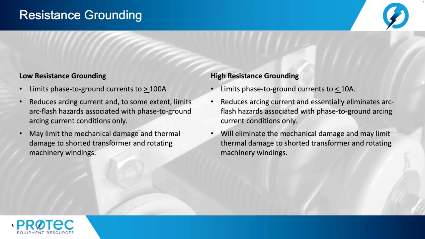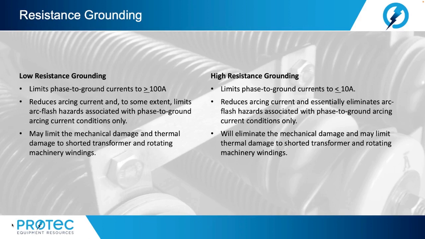In LRG, it reduces arcing current and, to some extent, limits arc flash hazards associated with phase to ground arcing current conditions only. In HRG, it reduces arcing current and essentially eliminates arc flash hazards associated with phase to ground arcing current conditions only.